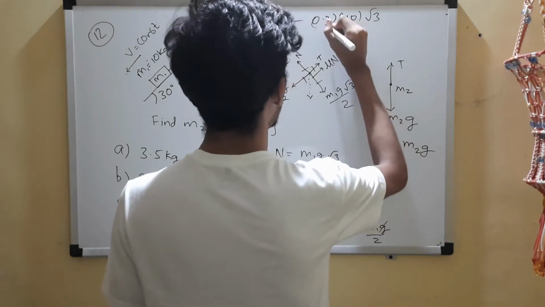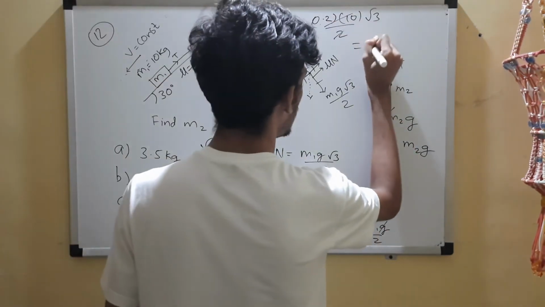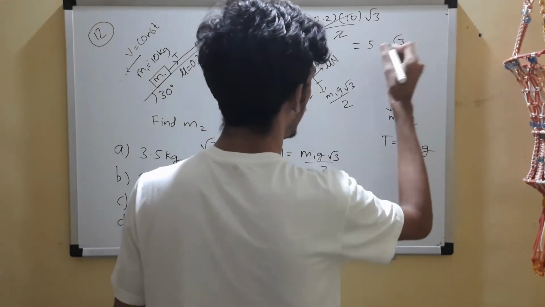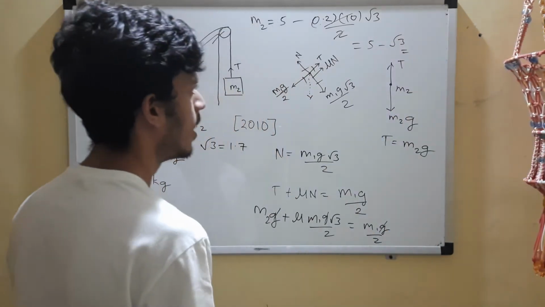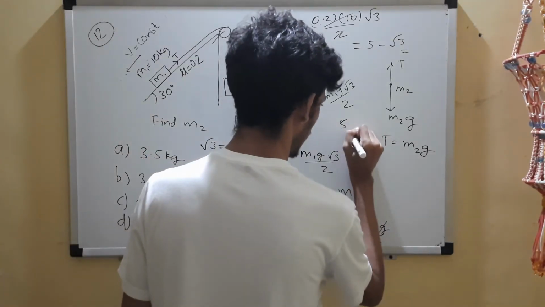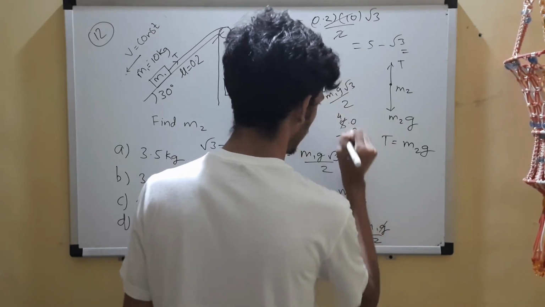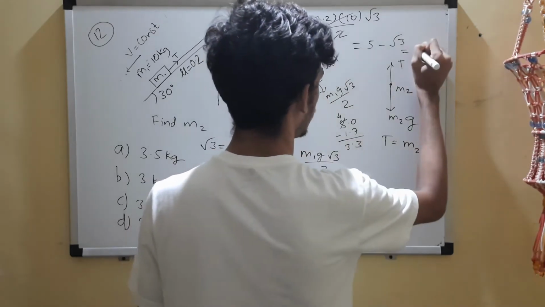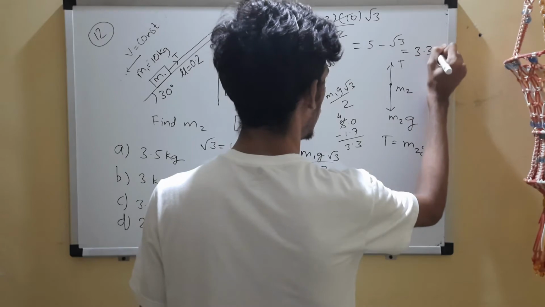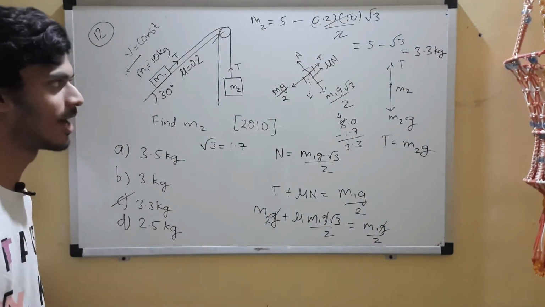So you can see that this will be 2 and this can cancel out. So 5 minus root 3, that will be our answer. 5 minus 1.7, that will be 3.3. So 3.3 kg, that is our answer.